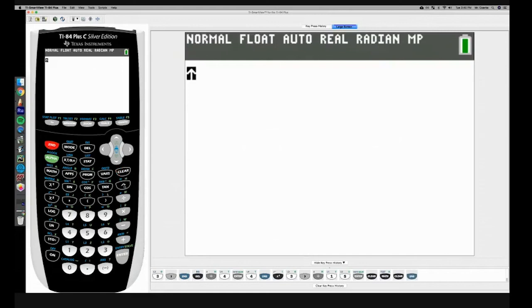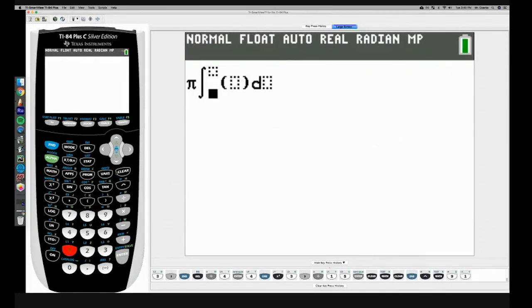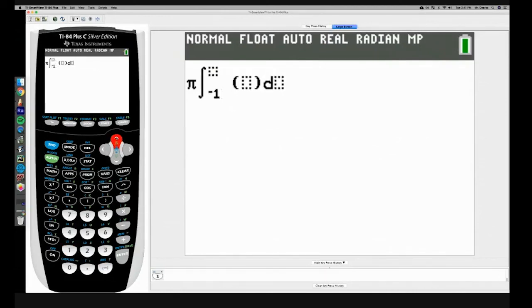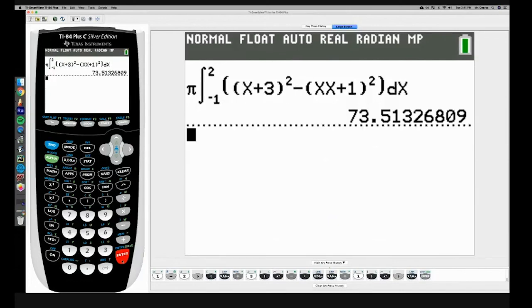All right. So we got pi times the integral from negative 1 to 2 of (x plus 3) squared minus (x plus 1) squared dx.